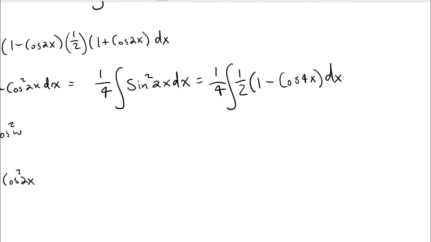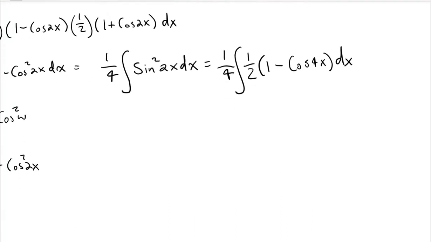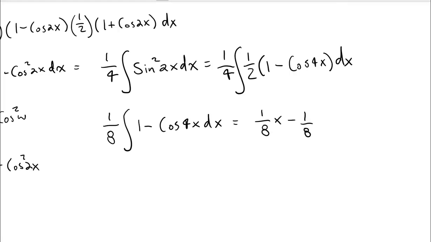And notice we haven't even done any calculus yet. We're just doing a lot of algebra here. This is 1/8 times the integral of 1 minus cosine 4x dx. Now if we solve this, this would be 1/8 times x minus 1/8 times, well, the antiderivative of cosine is going to be sine.